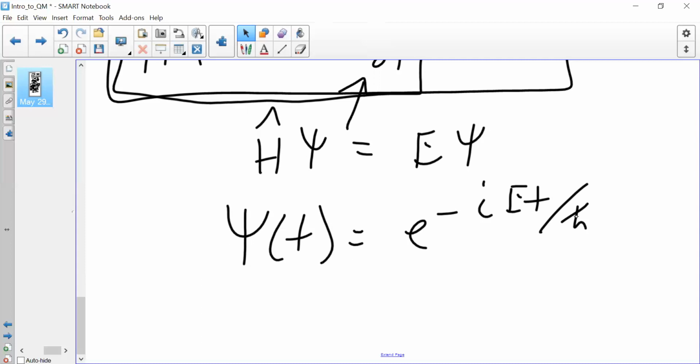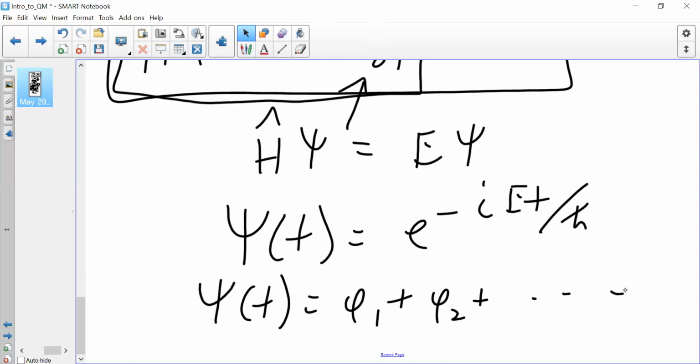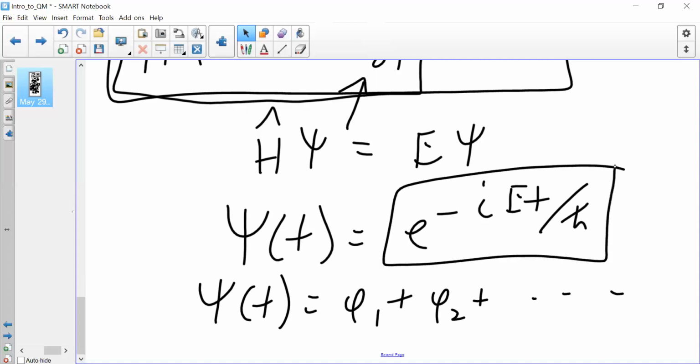We already said that this is a collection of different energy states. So this can be psi of t is equal to psi 1 plus psi 2 plus however many you got. So this wave function here can be n number of little waves.